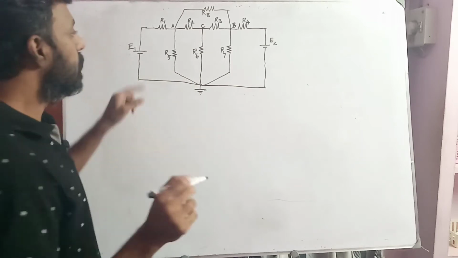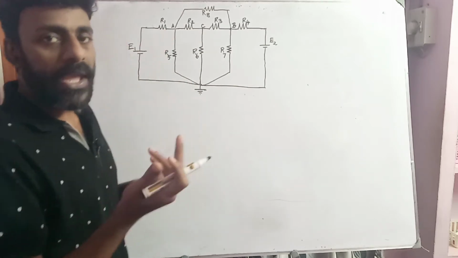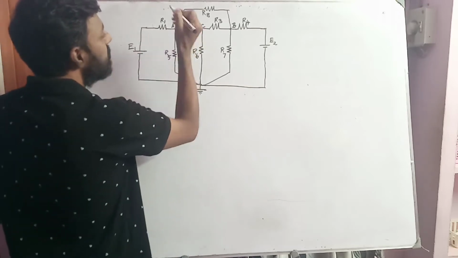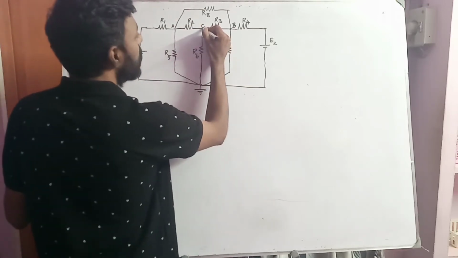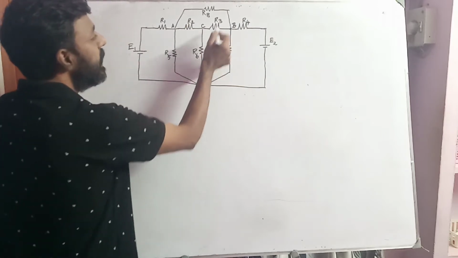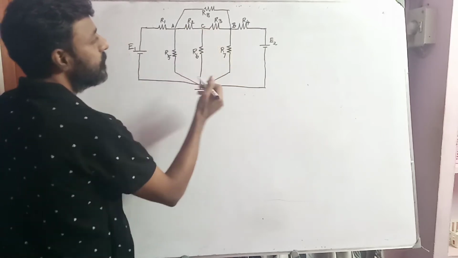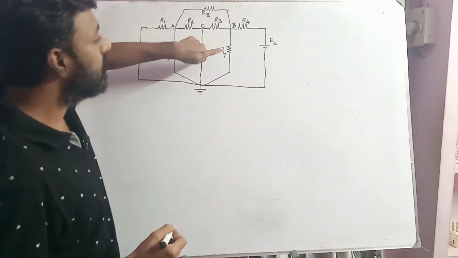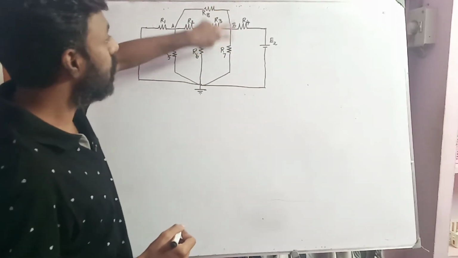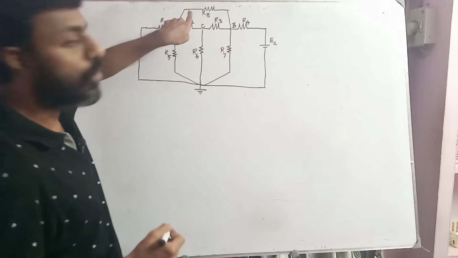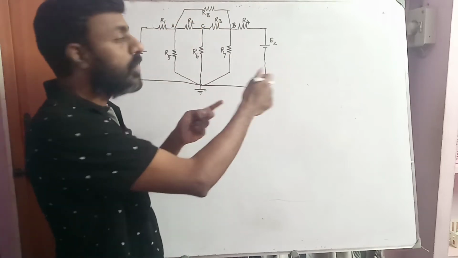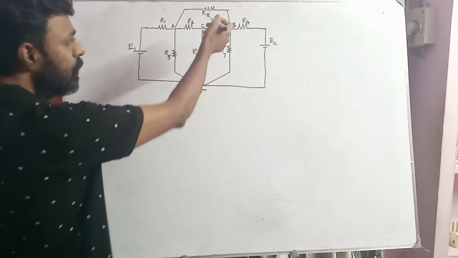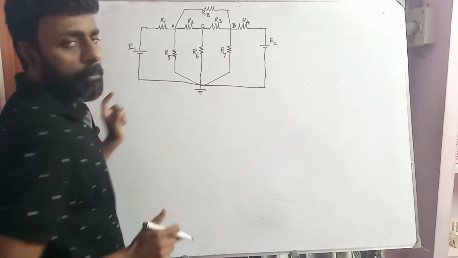Our condition is that 2 or more elements need to be connected to the node. Similarly, C is also a node because you have 3 elements attached to C. Similarly, B is a node because there are 4 resistors, 1, 2, 3 and 4, which is more than 2. E1 and E2 are batteries, right?